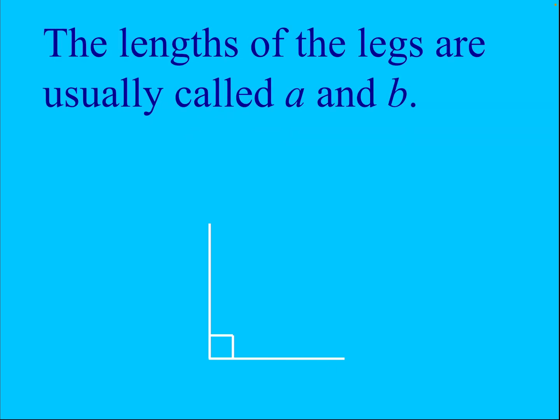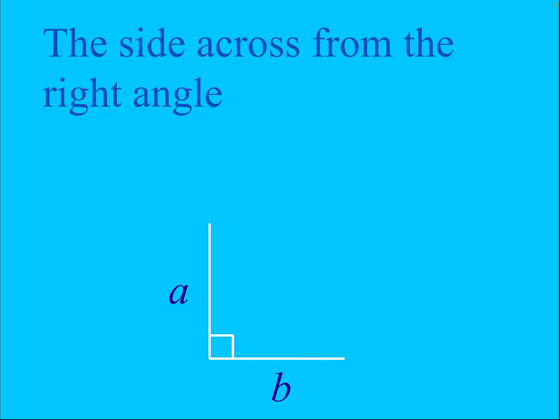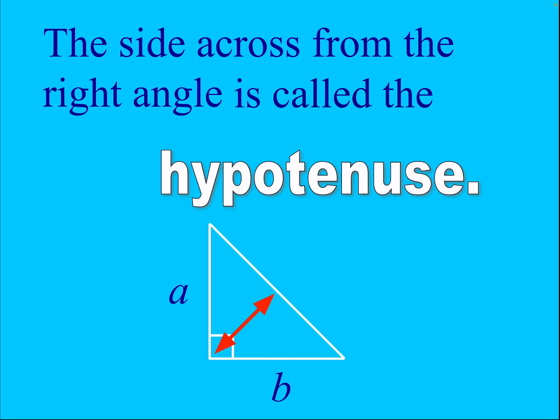The lengths of the legs are going to be referred to as A and B in our general formula for the equation of the Pythagorean theorem. Okay, so we're going to label the legs A and B. And right across from the right angle is what we call the hypotenuse. Okay, it's the hypotenuse.